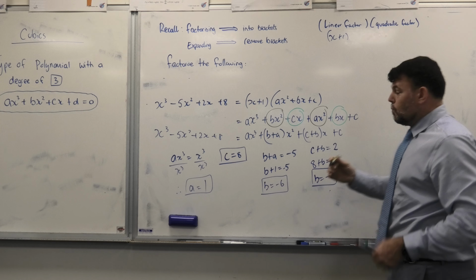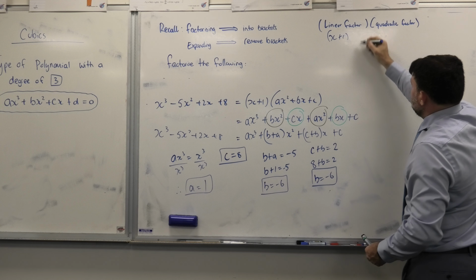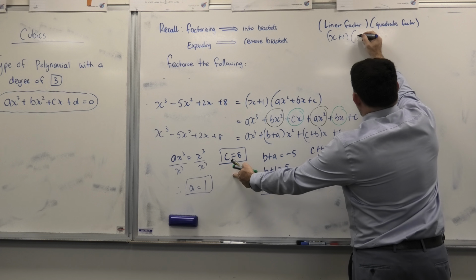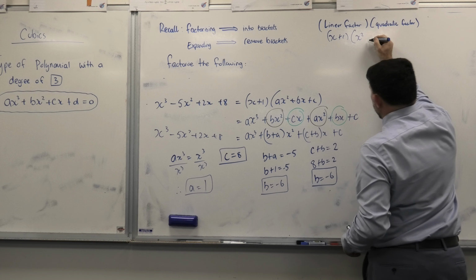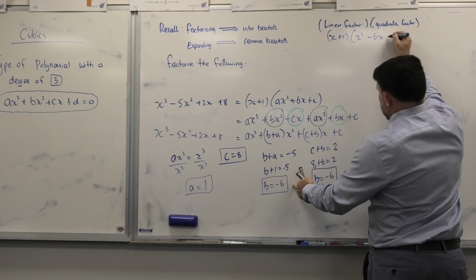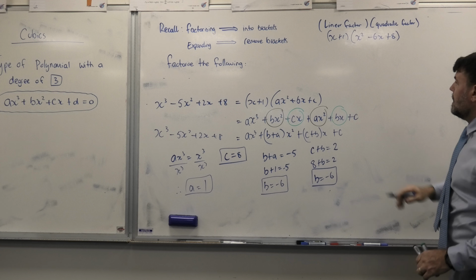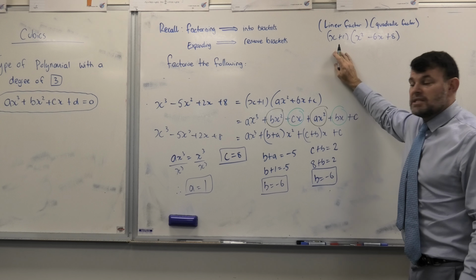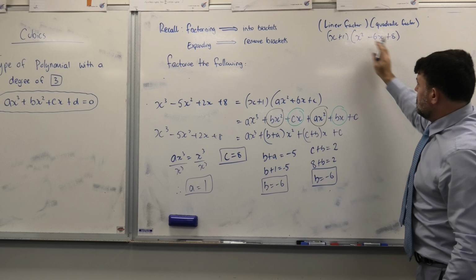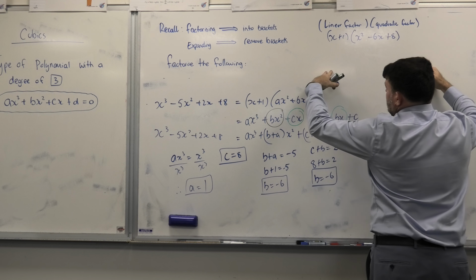So we can write this here. We know that we've got x plus 1, and now we're going to put in a, well, we'll just leave it as x squared, and b, which is negative, so negative 6x plus 8. These aren't my factors yet, they're just my quadratic and linear factors I'm multiplying together to get this. I want to find out what the exact factors are going to be.